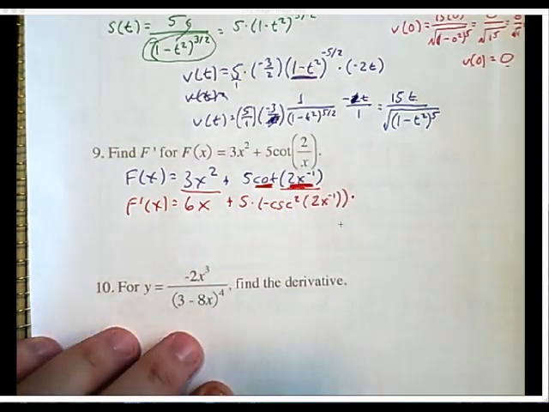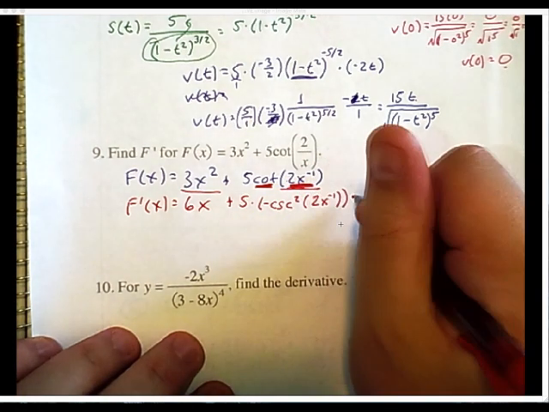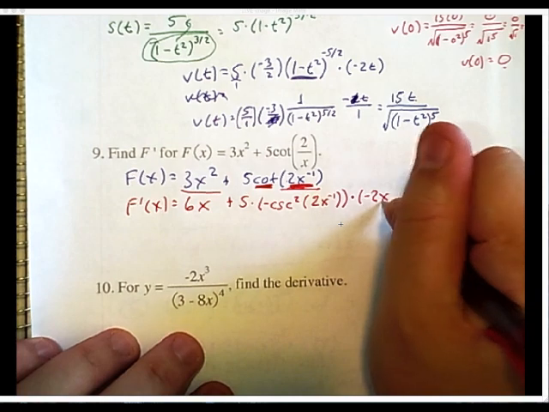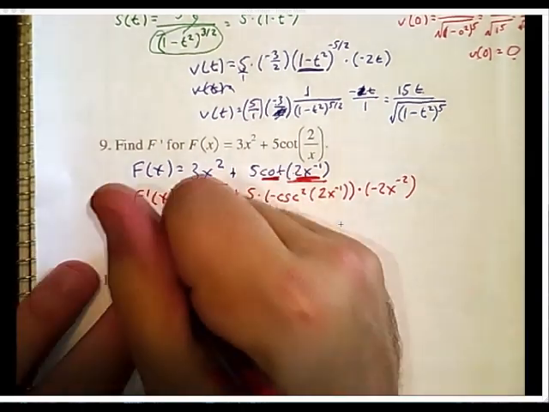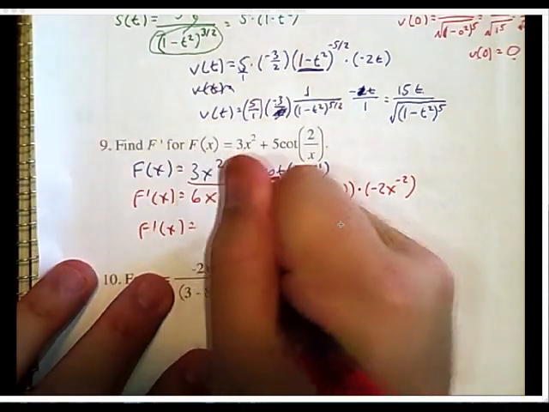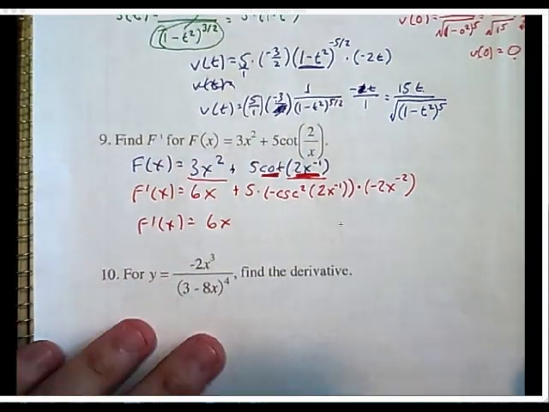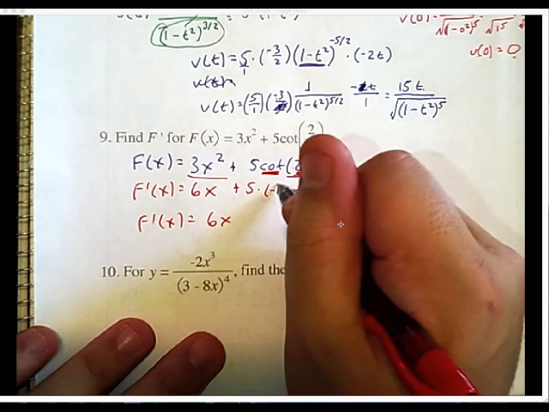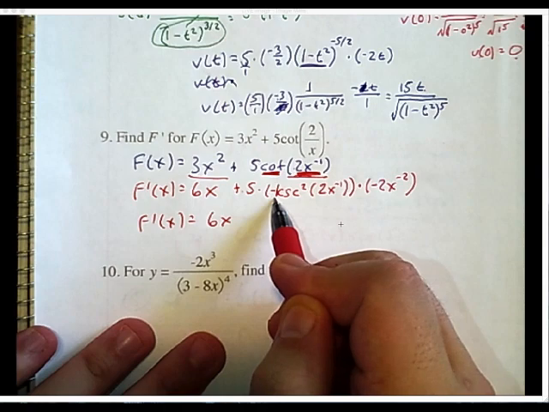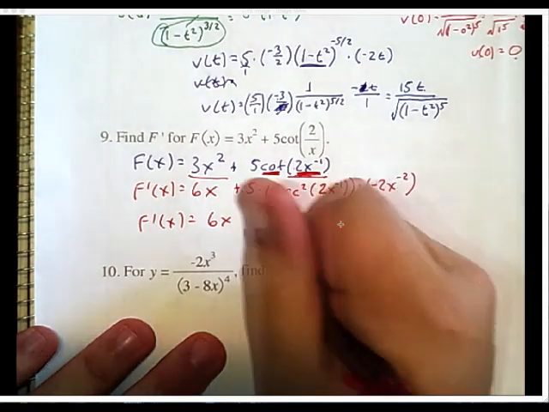So what would the derivative of that be? It would be 2 times negative 1, which is negative 2, and reduce the power by 1. So a nicer way to write it would be 6x. If you think about these numbers here, you'd have 5 times negative 1, that's negative 5, times negative 2, that's positive 10.